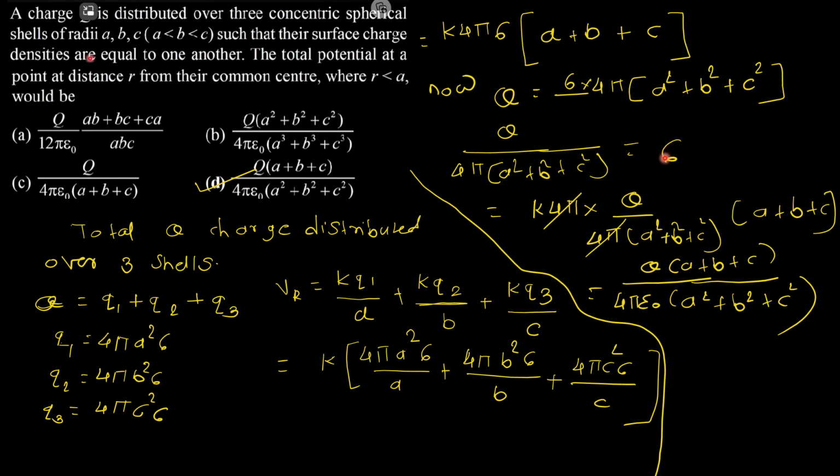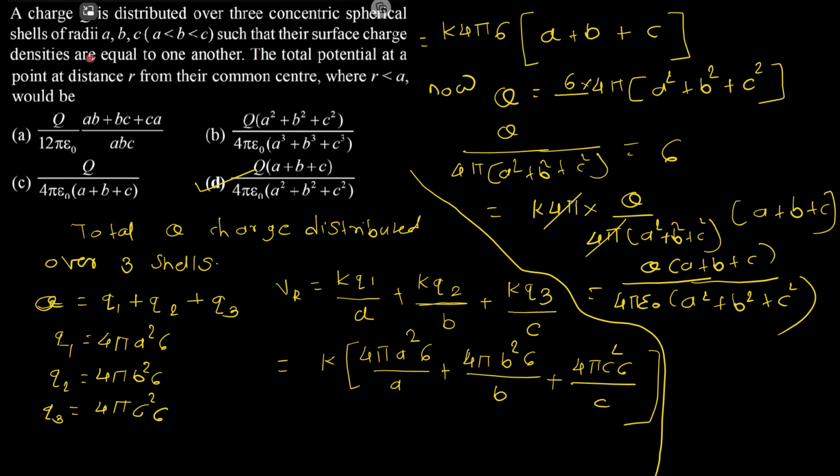So the total surface charge density is σ = Q/(4π(a² + b² + c²)). Simply replace this surface charge density σ in the equation. What remains is Q(a + b + c)/(4πε₀(a² + b² + c²)). That is option number 4.